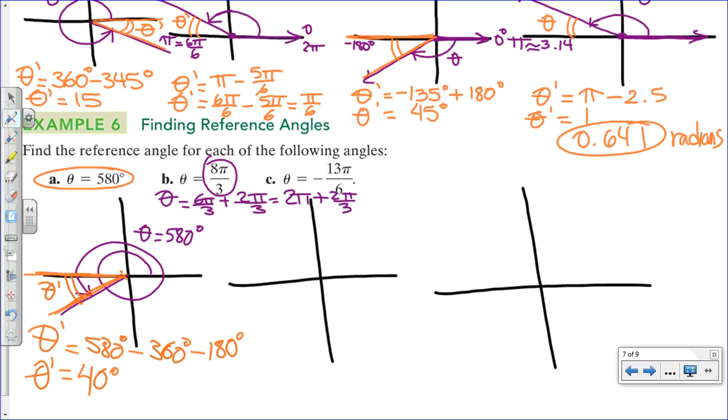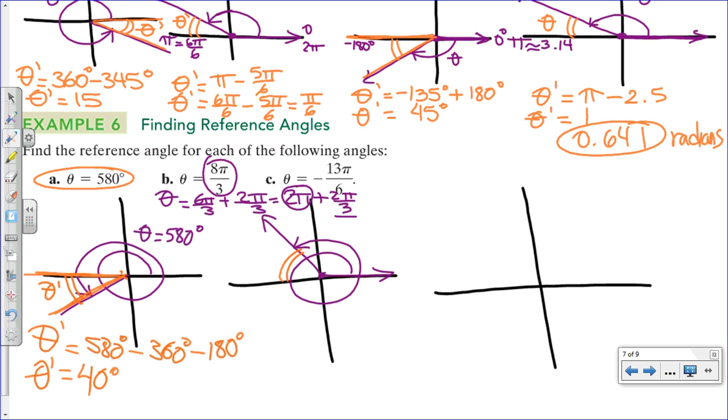So for this one, 8 pi over 3, we start here in standard position and go one complete turn, that's 2 pi. Then we still need to go another 2 pi over 3, so that will be here. Now the reference angle is there.